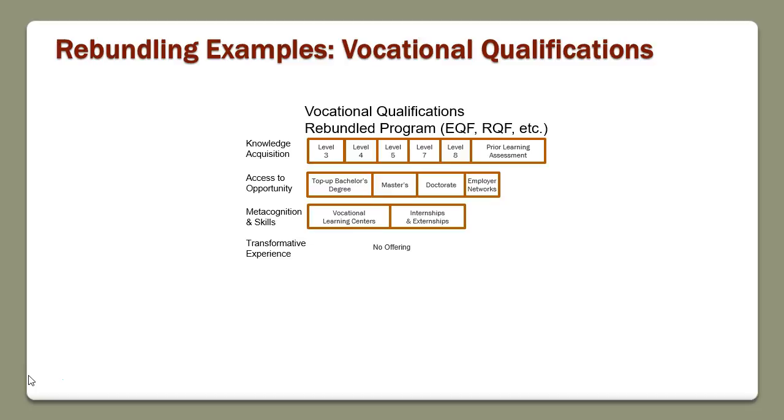The regulation happens through the exams provided through the vocational qualifications, and it's a very entrepreneurial market. And then you also have internships and externships, and people who are actually working on the job. And again, there's no offering on the transformational experience.